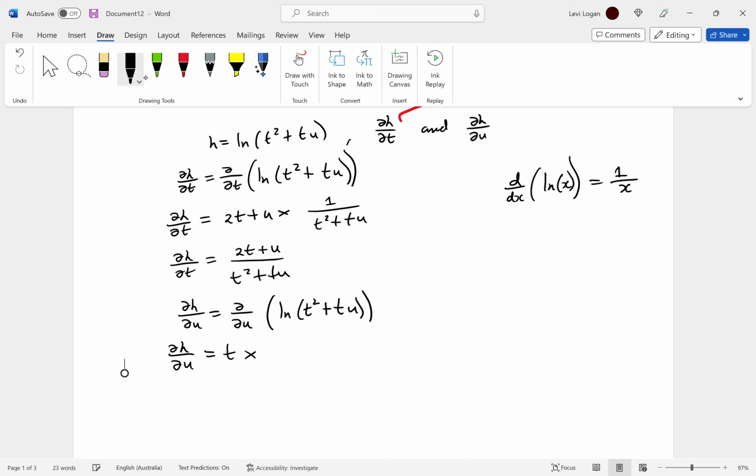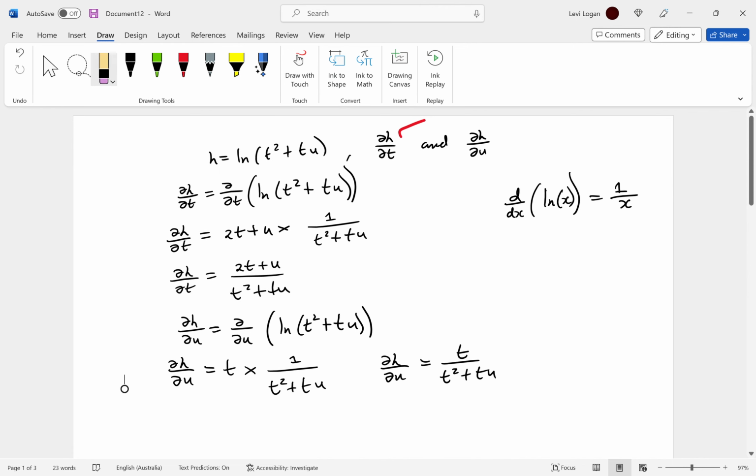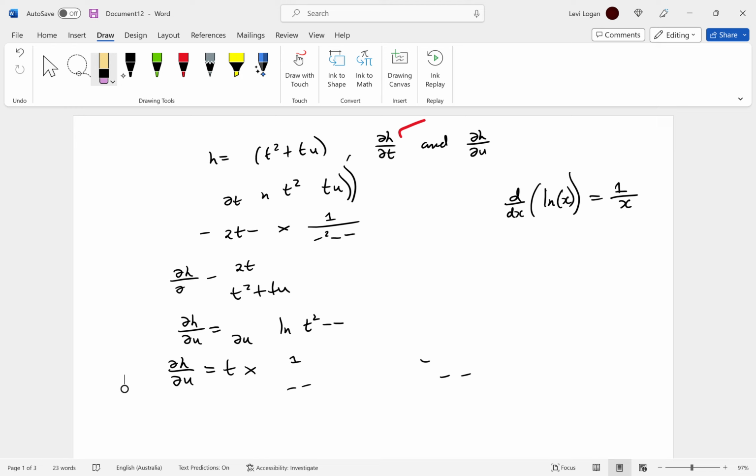Multiply by differentiating the log, it's 1 over t squared plus tu. And then we're left with the partial derivative with respect to u as t over t squared plus tu. So that was the answer to the last question in the last video on multivariable calc. I'm just going to rub that out now.